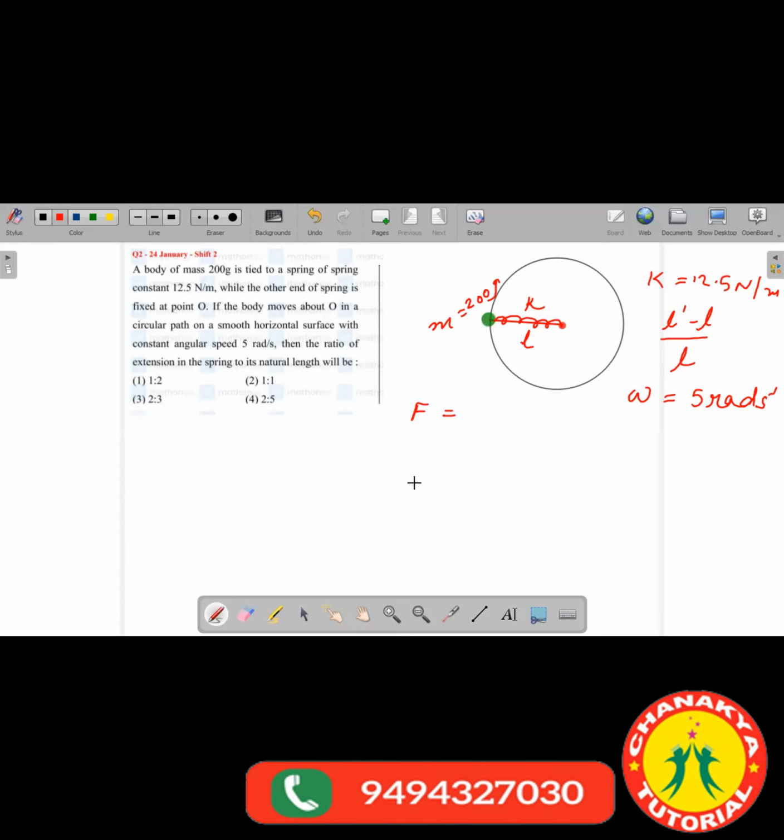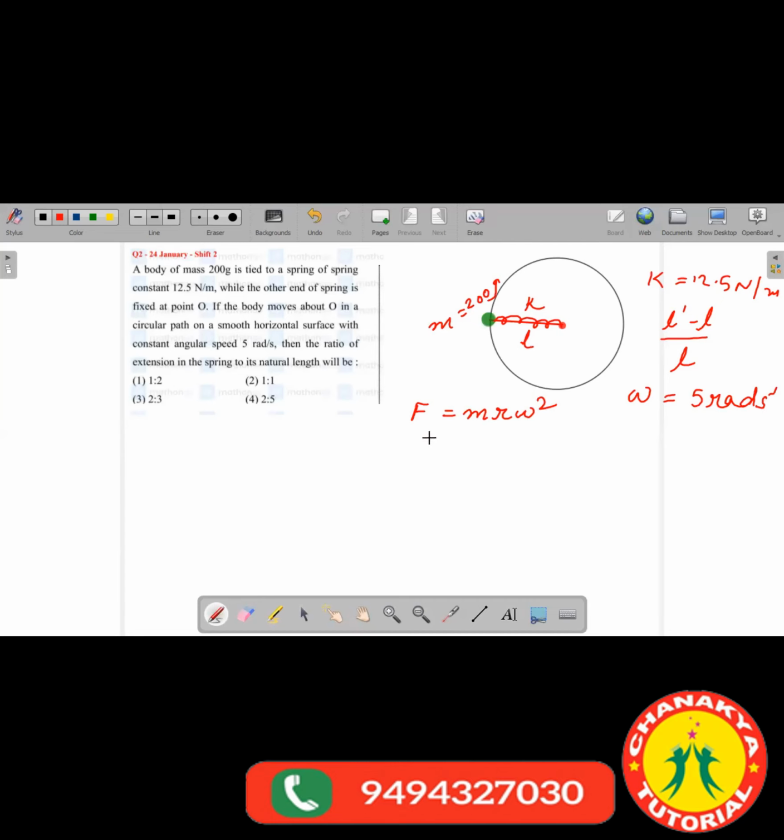So we know the centrifugal force is given as m r omega squared. So we know the value of mass, we know the radius, which is equal to the original length, and we have omega, which is given as 5 radian per second.